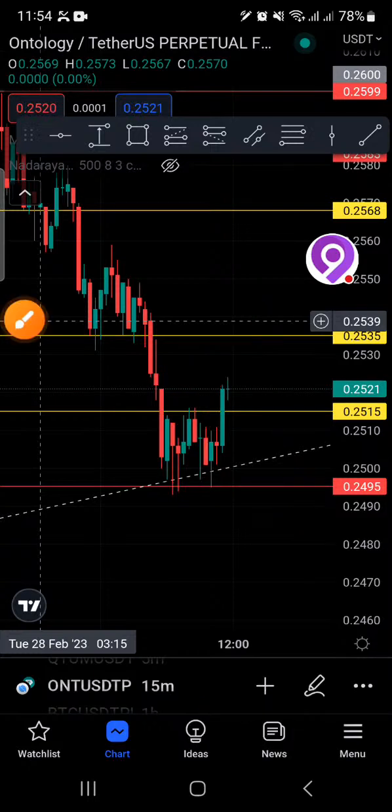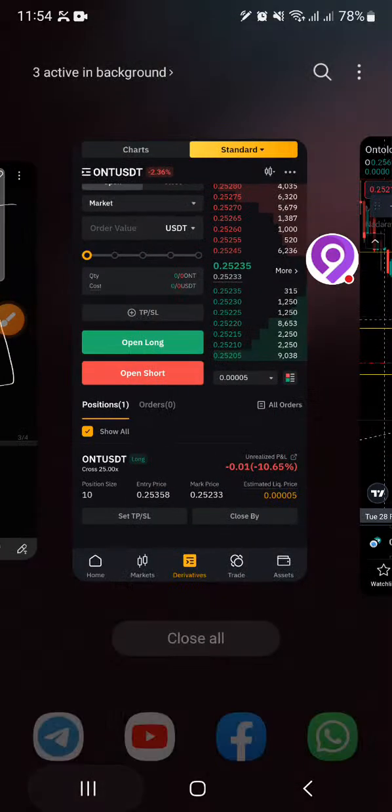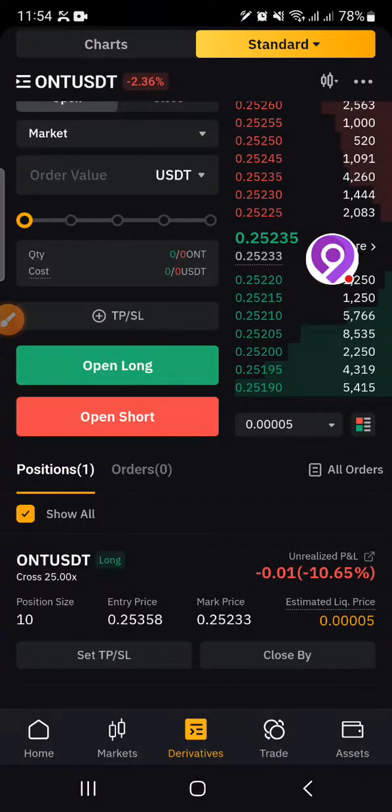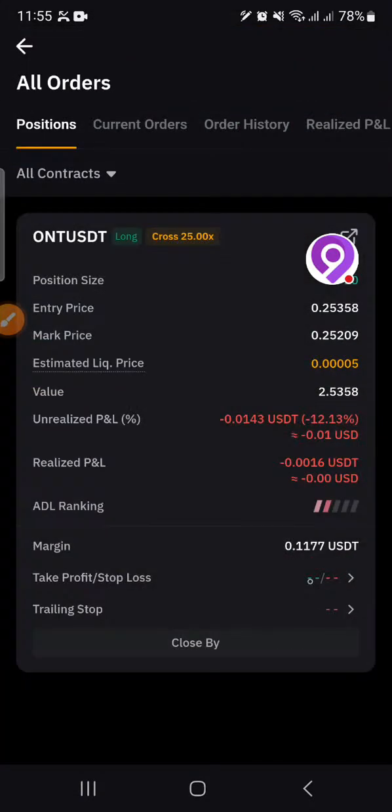Okay, so let's do another dollar cost average. We can play around with this because we're using small margin. You see, our margin is even less than $1.